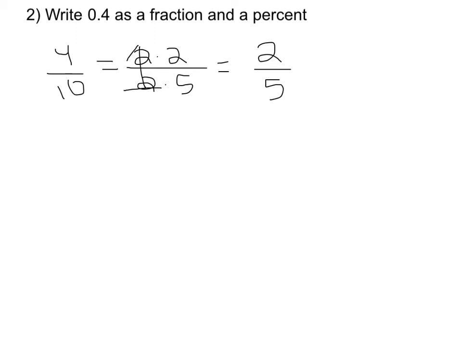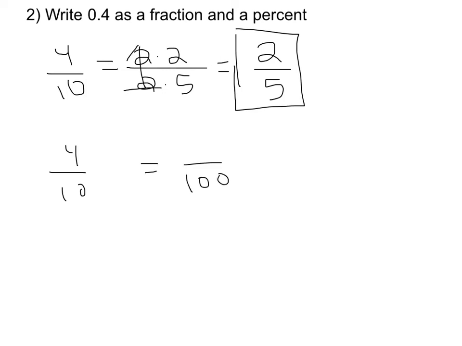That's my fraction. I also have to write 4/10 as a percent. Now again, I'm going to start with my 4/10, but when I write that as a percent, I know I need my denominator to equal 100 because percent means out of 100. So I can multiply 4/10 by 10 over 10, and I get 40 100ths is equal to 4/10.